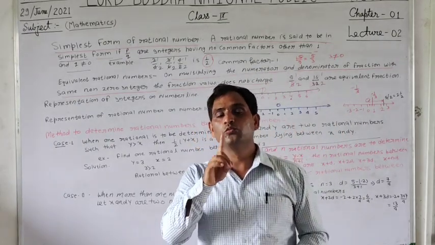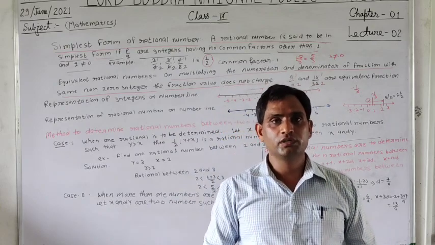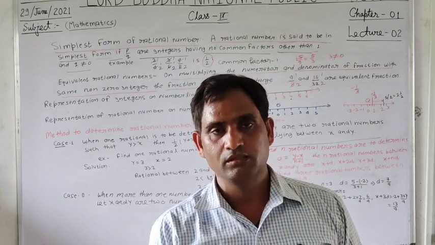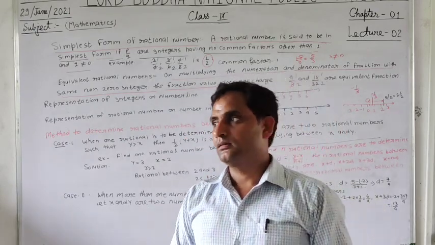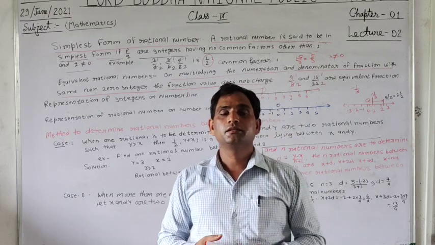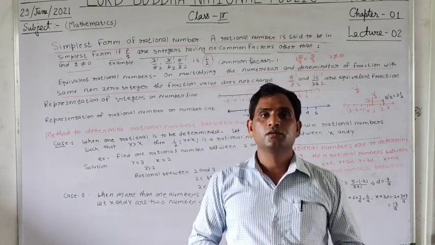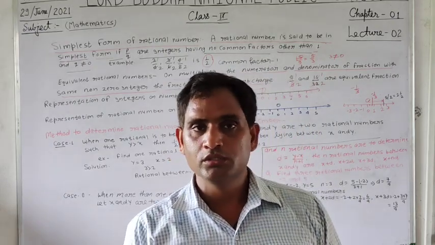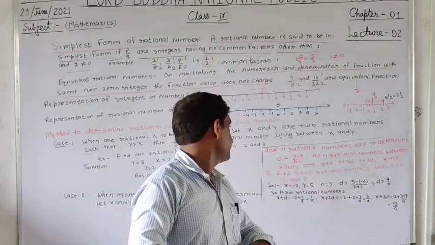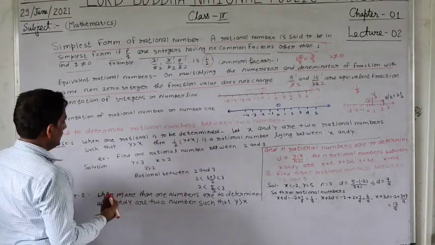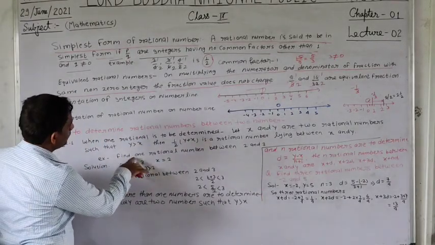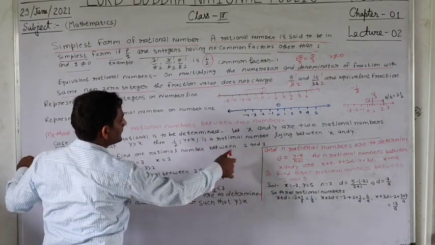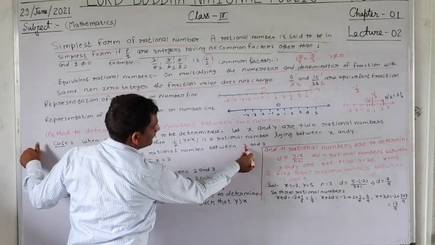First, when only one rational number is to be determined between 2 given numbers, then the desired rational number will be the average of the given 2 numbers. For example, find one rational number between 2 and 3. The condition is that 3 is greater than 2.